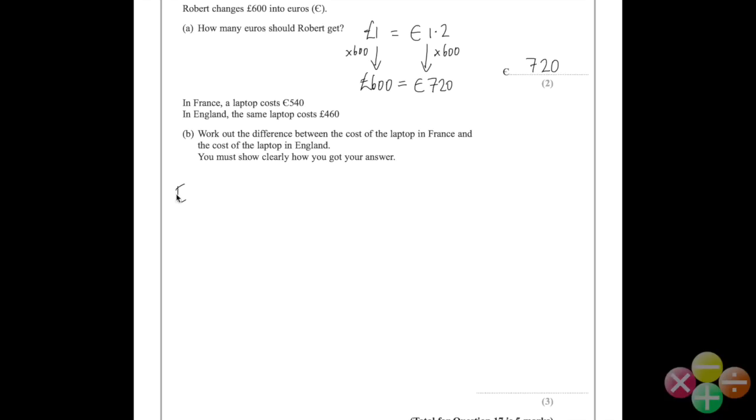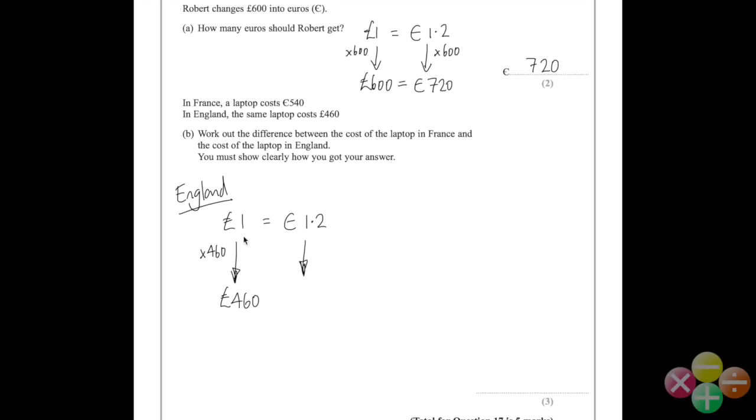Now, if we take England, we know that £1 is equivalent to 1.2 euros because we get that from the table above. Now, we're told that the laptop costs £460. So we take the pound and multiply that by 460, and it gives us our £460.